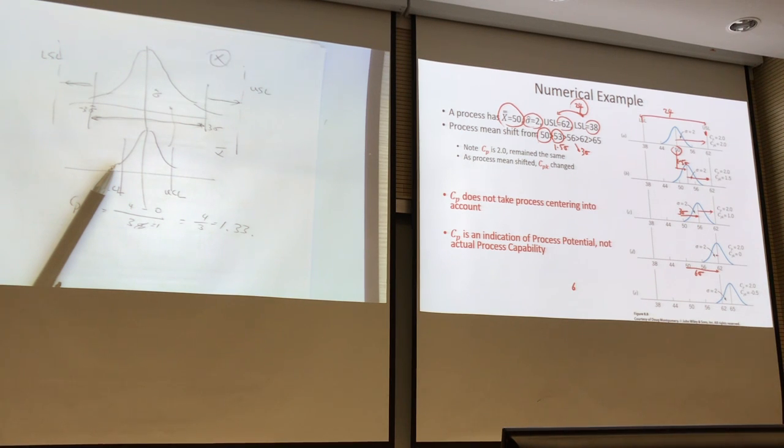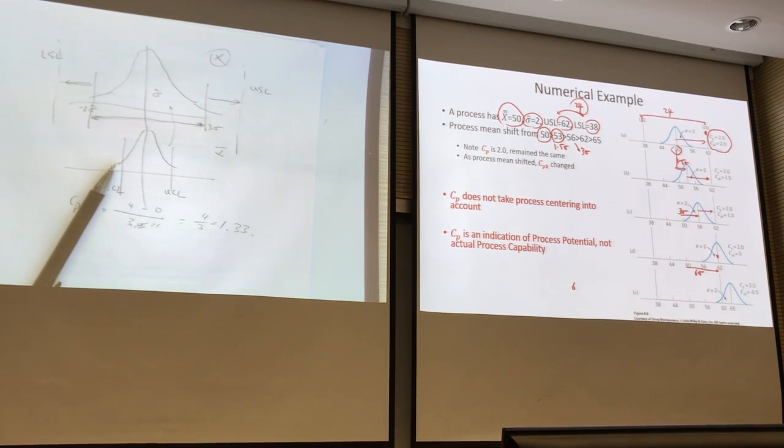Originally CP is equal to 2 and CPK is equal to 2, six sigma away.